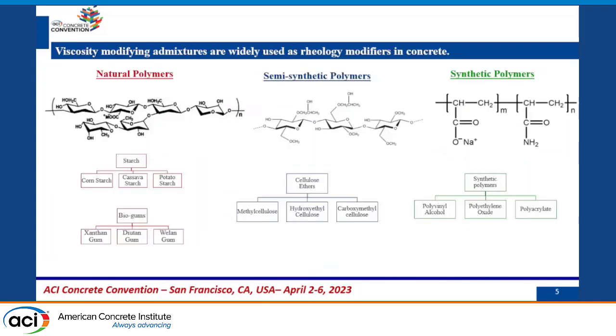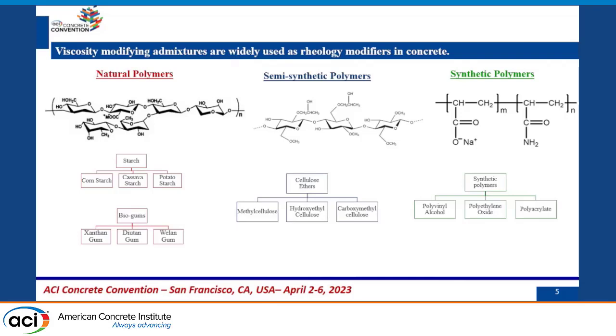So considering the importance of rheology, viscosity modifying admixtures are widely used rheology modifiers in types of material where rheology is a critical parameter, such as self-compacting concrete and also 3D printing concrete. The viscosity modifiers are divided into 3 different classifications, starting from natural polymers.